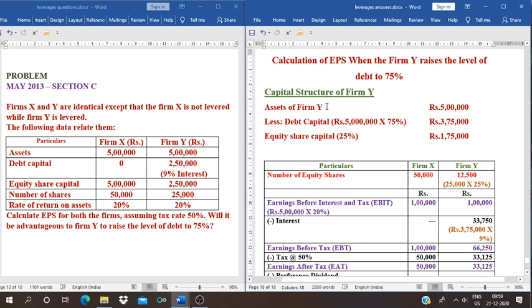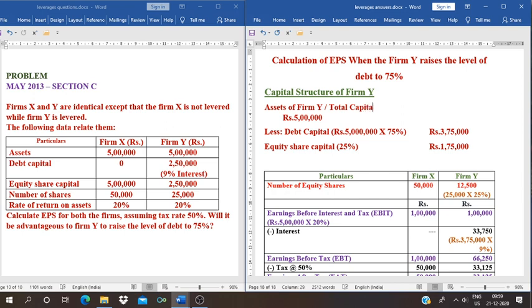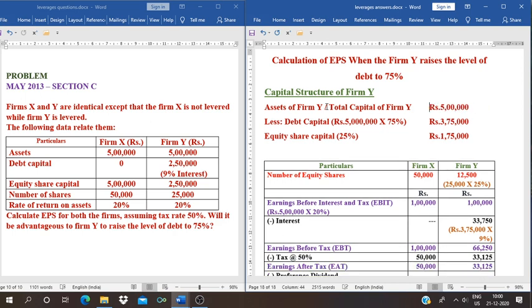Total capital of firm Y. Okay, what is the total assets or total capital is rupees 5 lakh. Okay, now less debt capital. What is the debt capital?